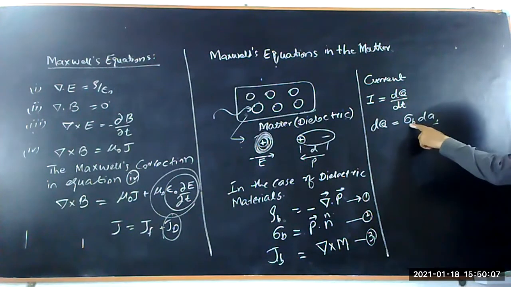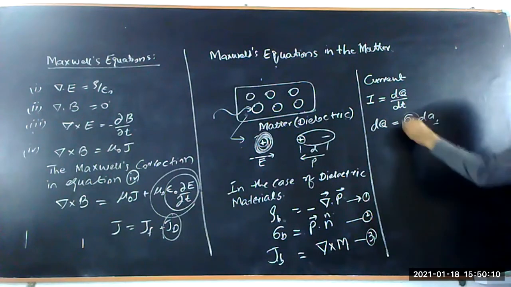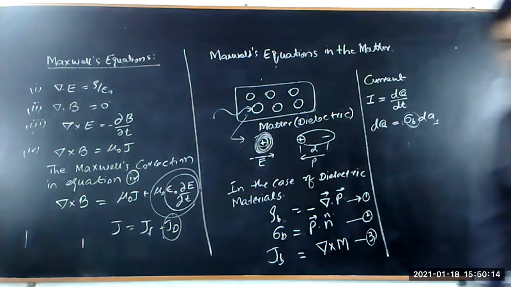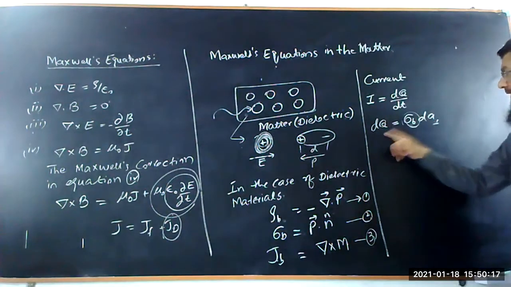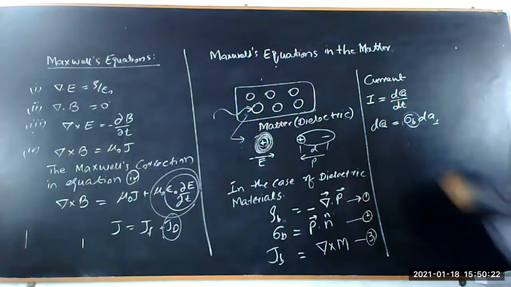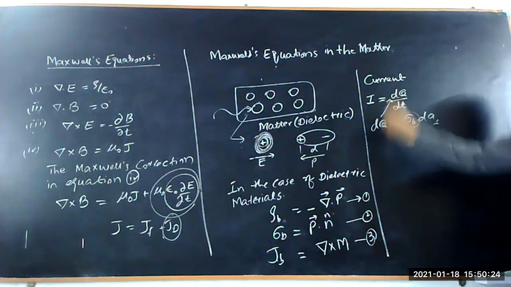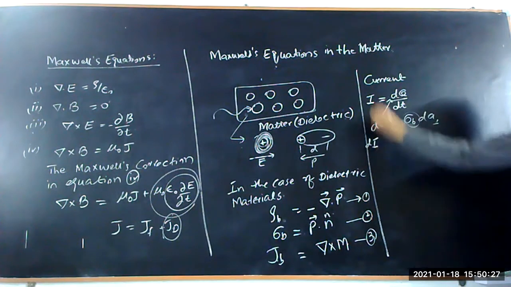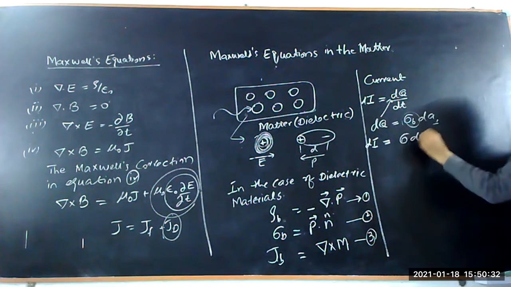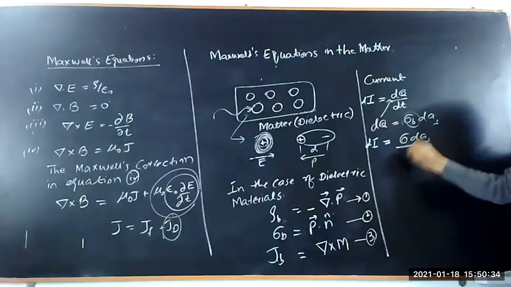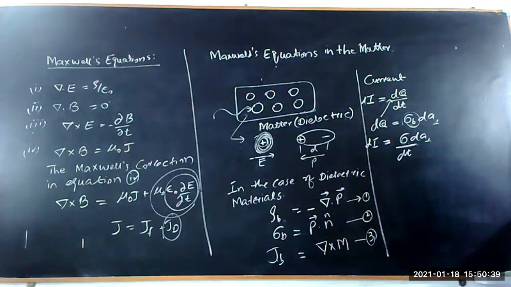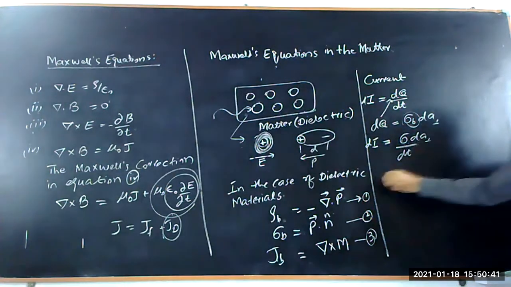It means dq over dA is equal to sigma. So dq is equal to sigma into dA. If you substitute this value over here, we will get the current dI is equal to sigma into dA perpendicular, over dt.